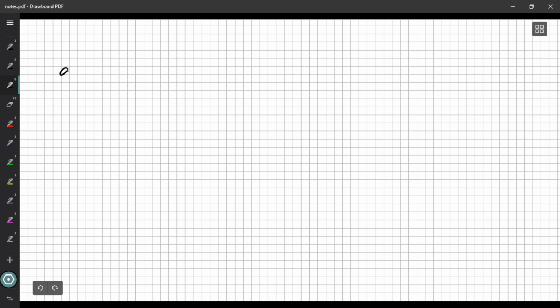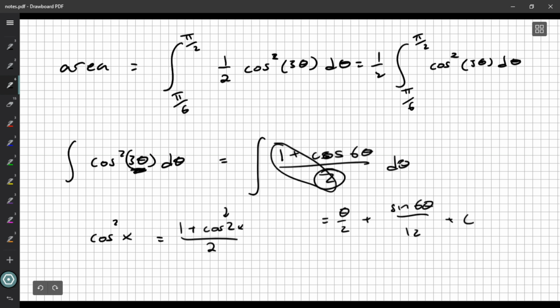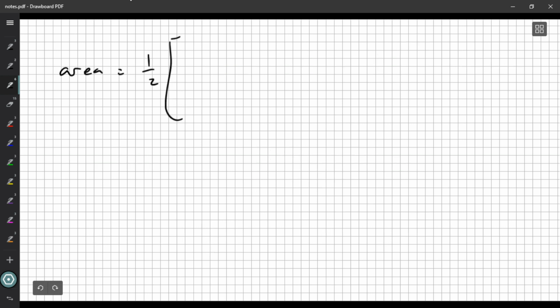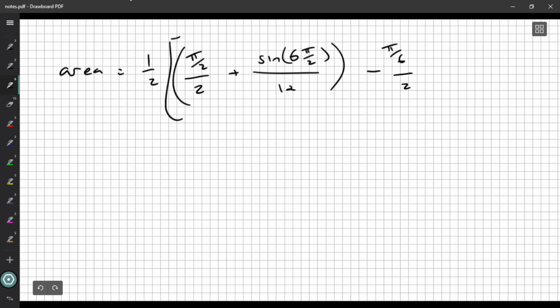So now our area is 1/2 of this evaluated at pi by 2, and then subtract it evaluated at pi by 6.